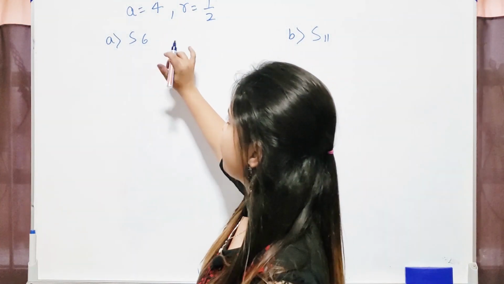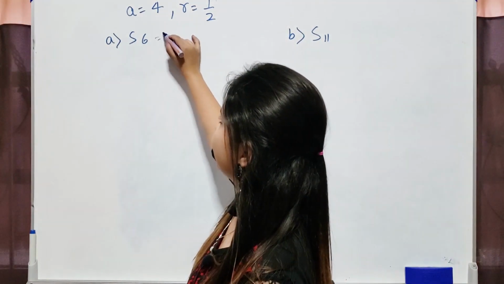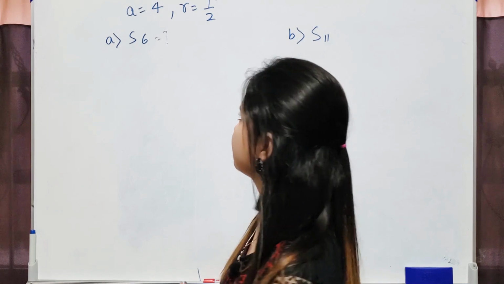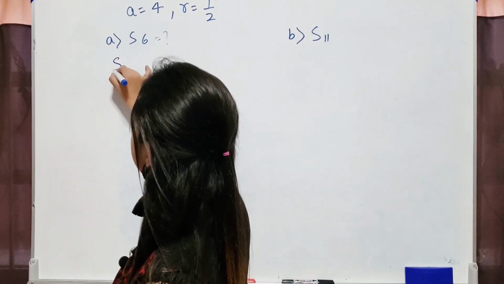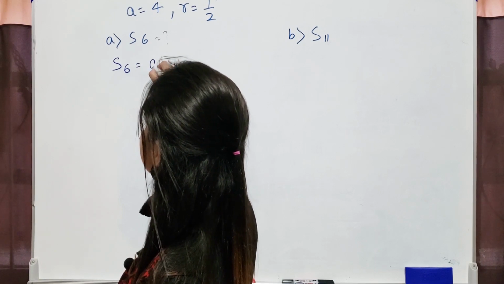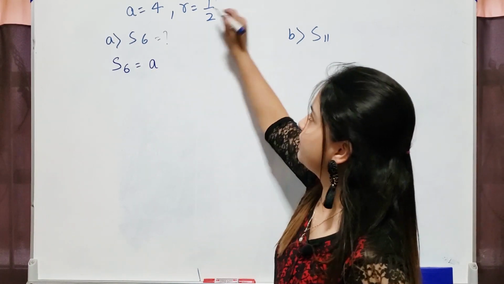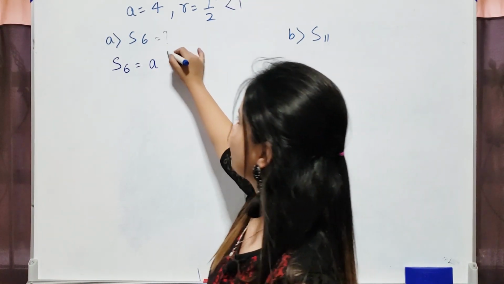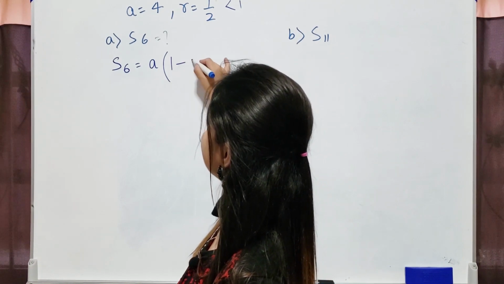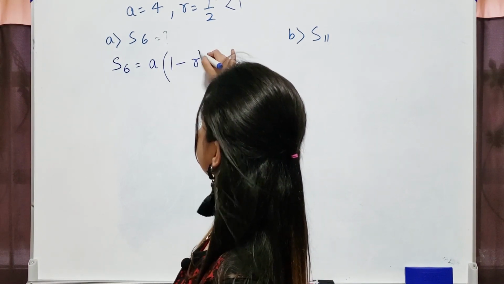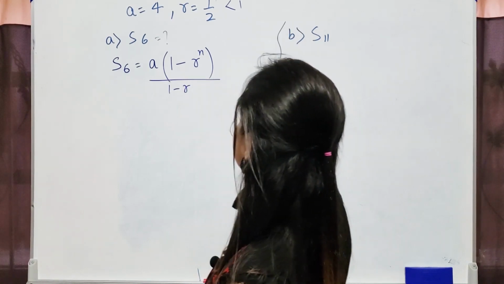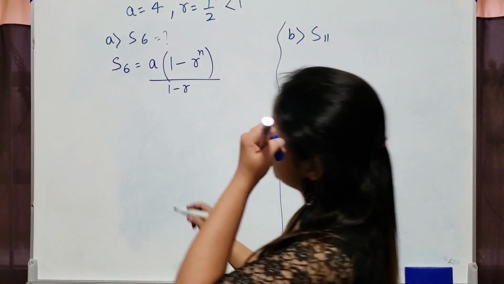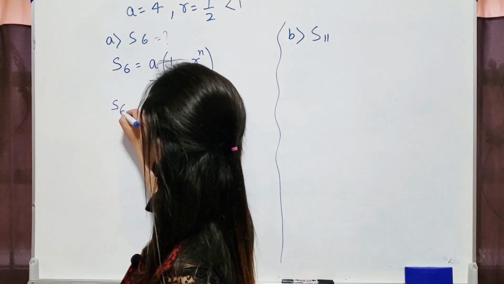Okay, first part of the question was find the value of S6. Use the formula. S6 is A. Now my R is less than 1, so I will use this formula: 1 minus R raised to power n divided by 1 minus R. Substitute all the values.